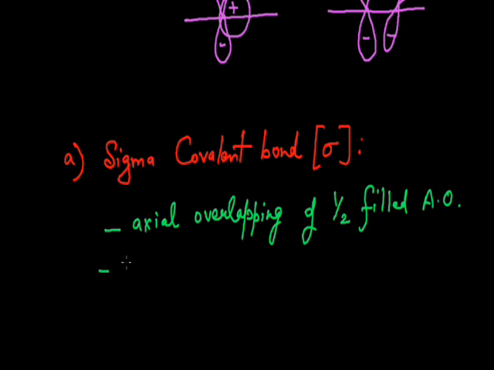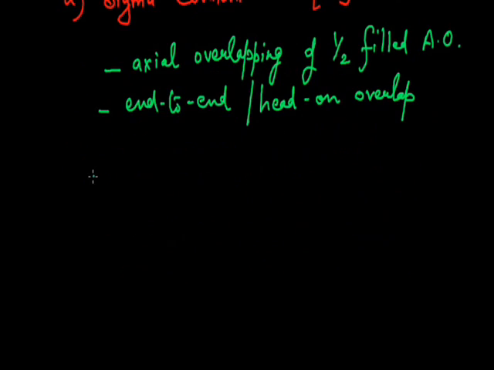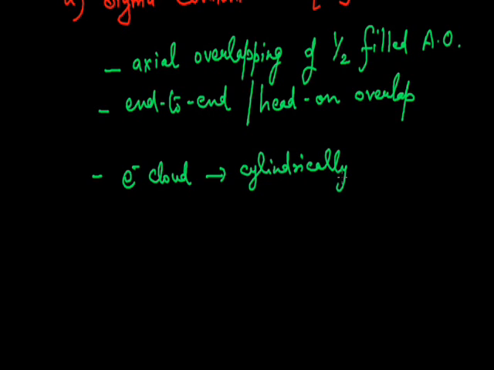It involves end-to-end overlap, or it is also called head-on overlap. In such an overlapping, the electron cloud which is formed is cylindrically symmetrical about the internuclear axis.